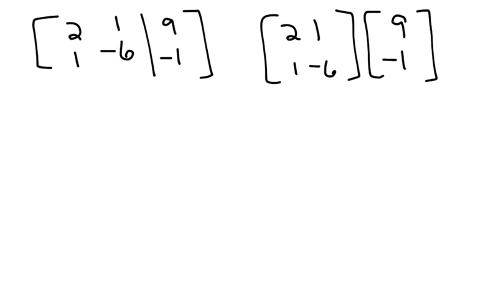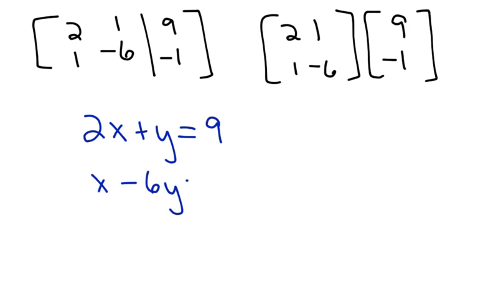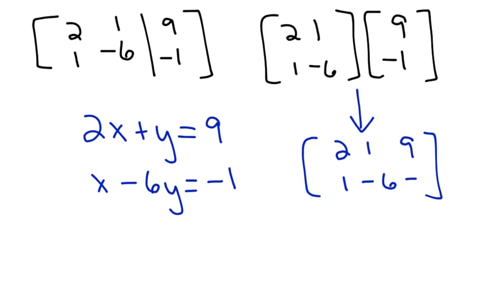We'll talk about multiplying matrices next year in pre-calculus, but this is just a fancy schmancy way of saying one of the equations is 2x plus y equals 9, and the other equation is x minus 6y equals negative 1.